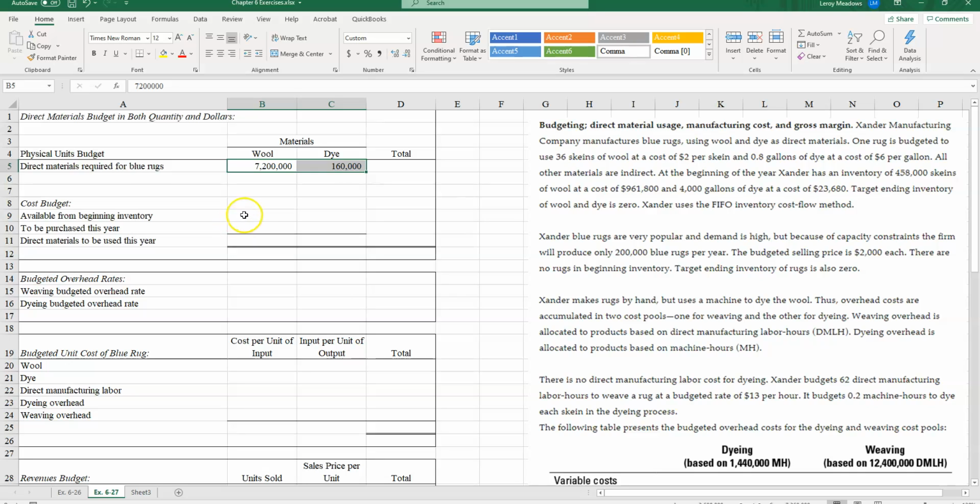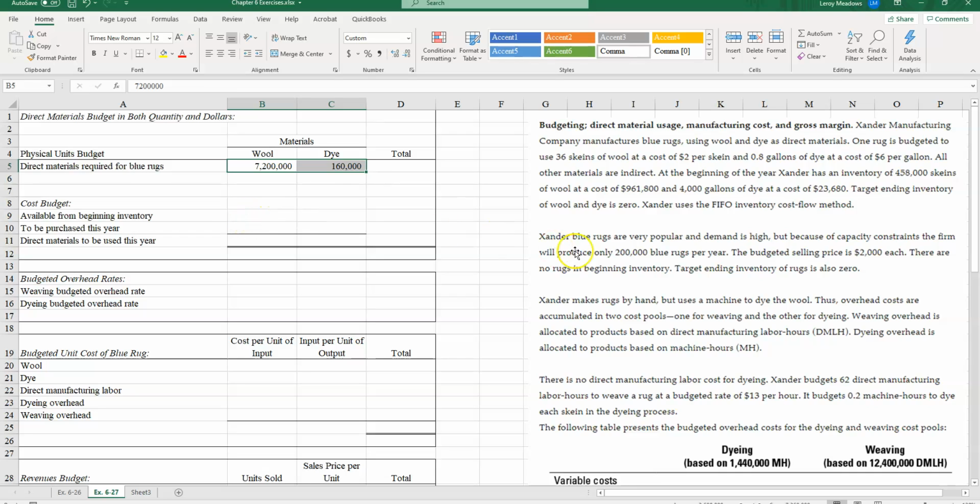So how much do I have available from beginning inventory? Now we already remember that we don't want any ending inventory. So I only have to come up with the amount to purchase this year. If this is the case, then let's go ahead and do our cost budget here. How much of beginning inventory do we have for wool?